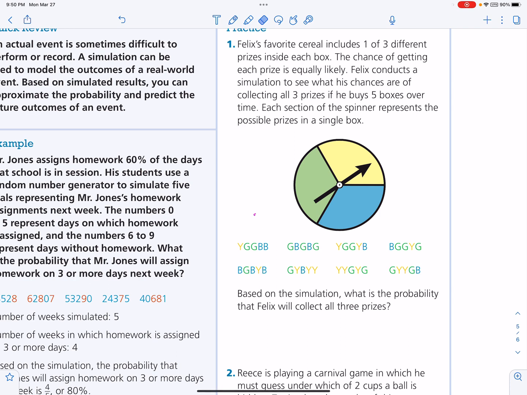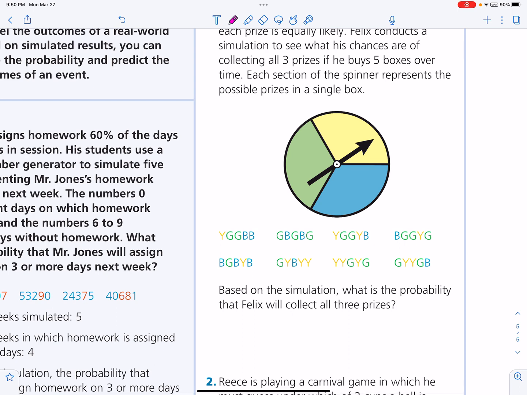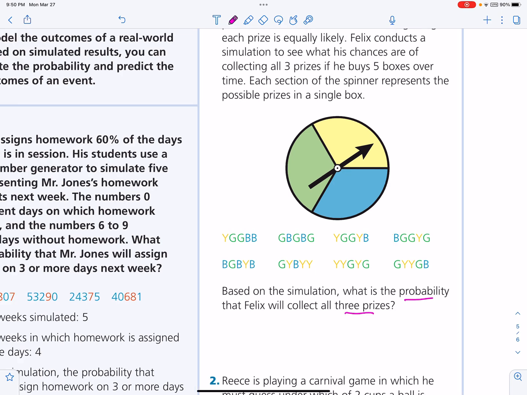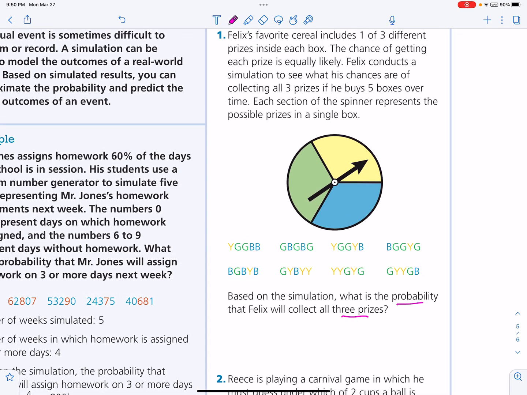Okay, and so when we look at this, we can see his trial spun a yellow, then a green, green, blue, blue, which represent different prizes. The question is, based on the simulation, what is the probability that he'll collect all 3 prizes when he just buys 5 boxes?